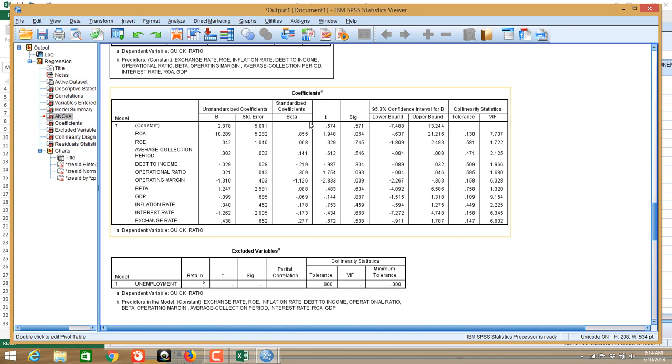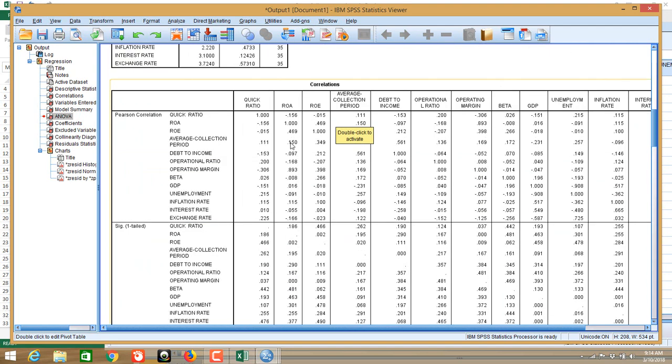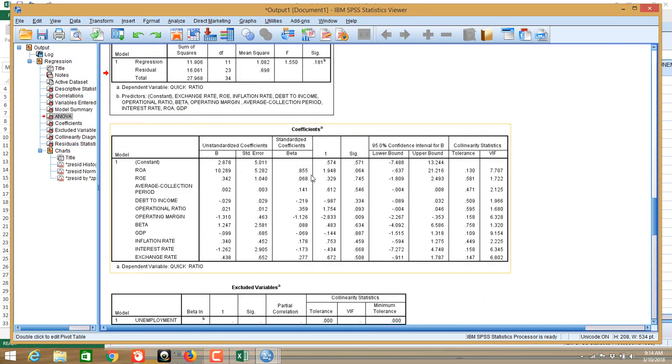The correlation table tells you which one is related to the DV. The coefficient table tells you which one influences the DV. Now we can know what to do to manage liquidity. To manage liquidity, you need to deal with operating margin. If you deal with operating margin, then your liquidity might improve.